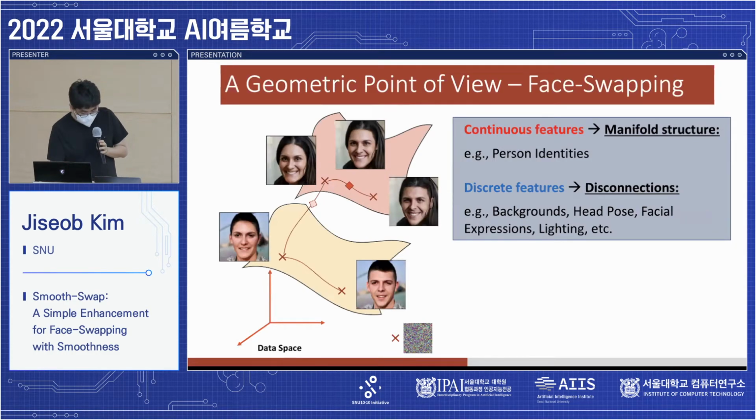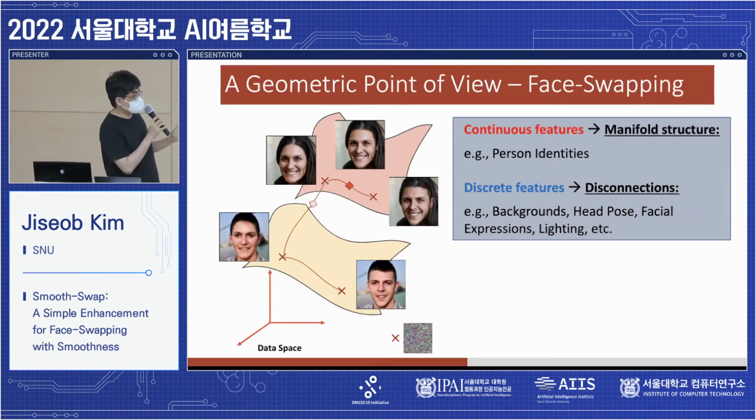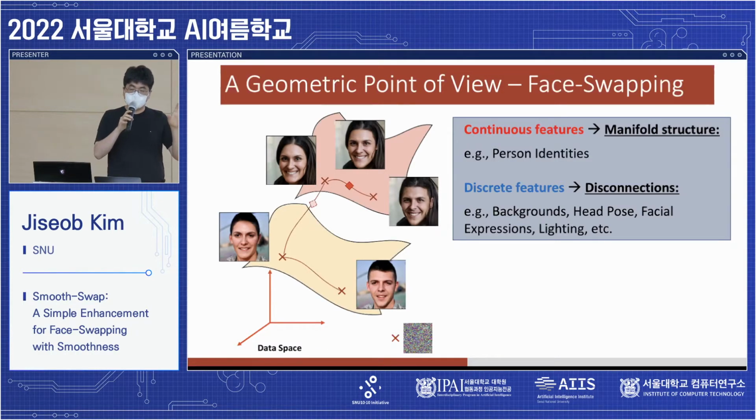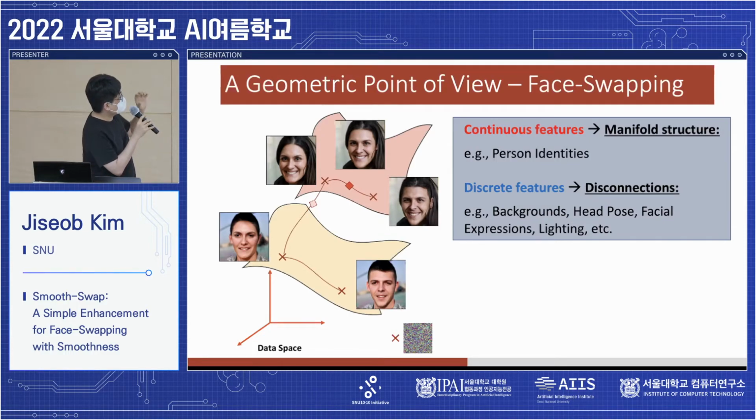And I'd like to emphasize that the phase swapping problem is not an exception. The phase swapping model also has a multi-manifold structure, and the continuous feature here is the person identity. If we randomly pick two identities, we can always imagine the intermediate or average of the two identities, and we can always imagine there exists such an identity.